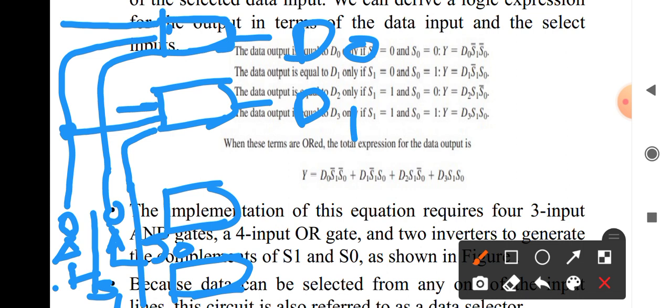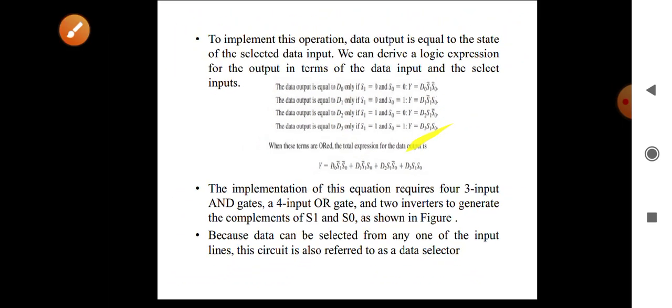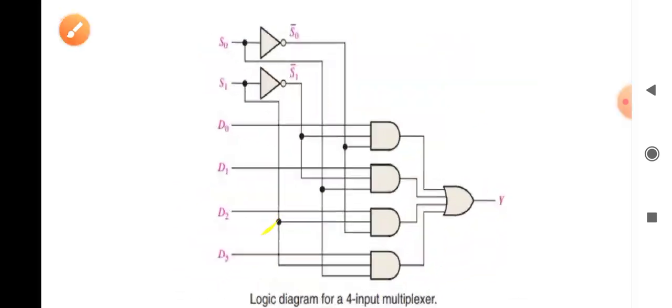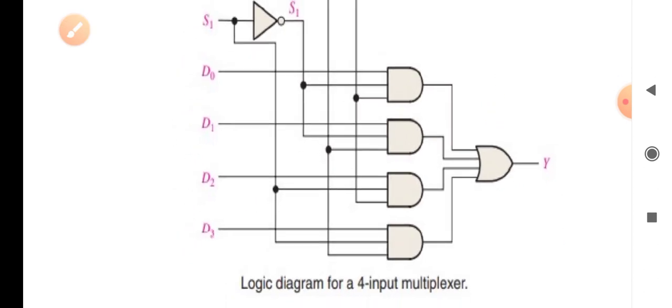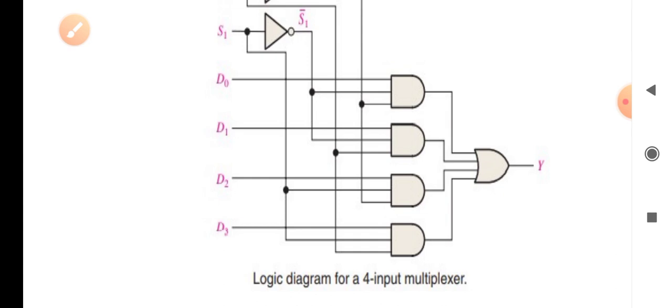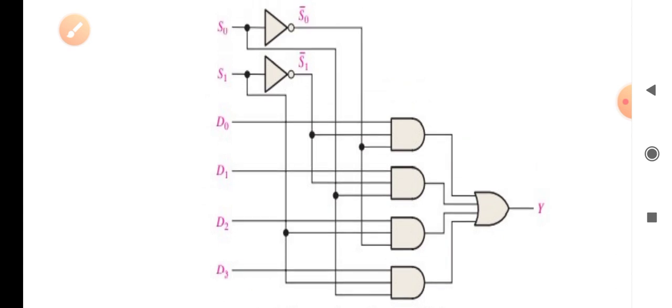Like this you can implement D2 and D3 also. So we have 3 input AND gates, and they are combined using an OR gate. Like that you will get the output here.